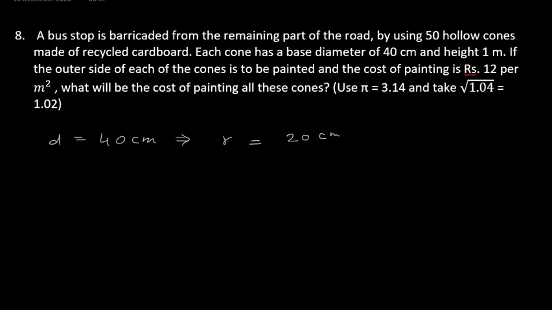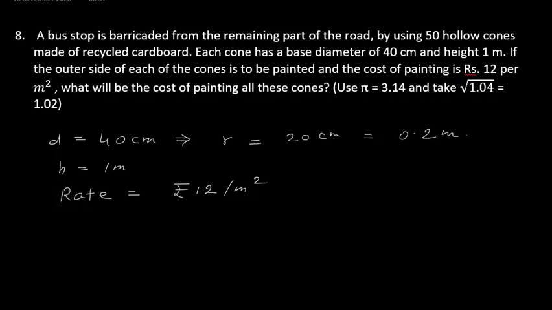Better to convert it into meter, which is 0.2 meter. The height is 1 meter. If the outer side of each cone is to be painted, the rate is rupees 12 per meter square. What will be the cost of painting all these cones?